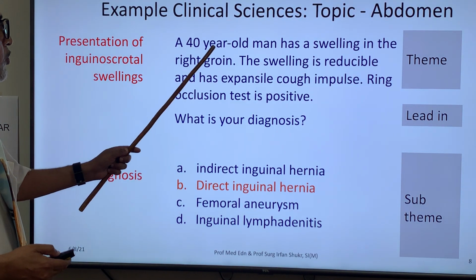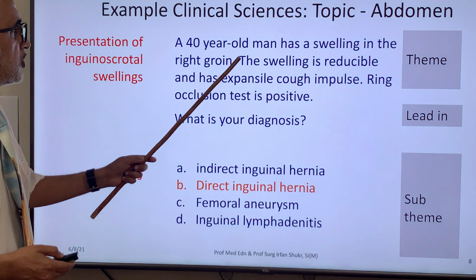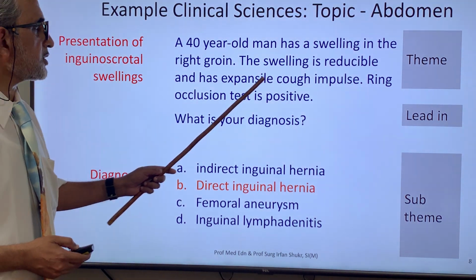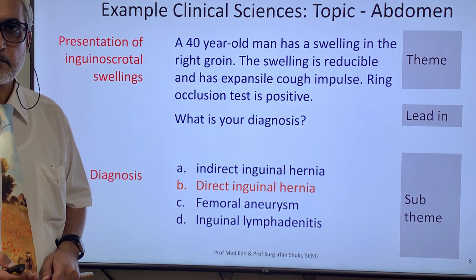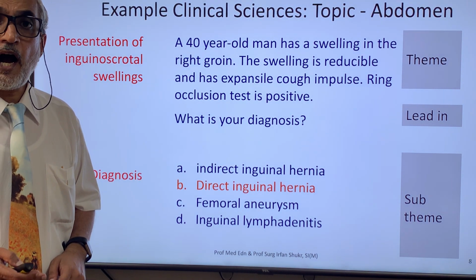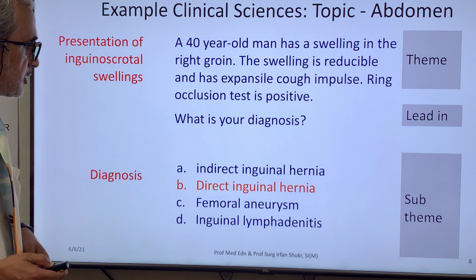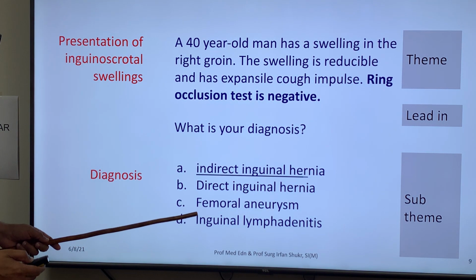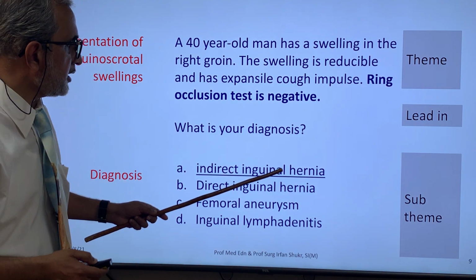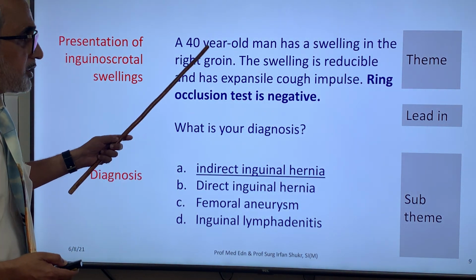Like, a 40-year-old man has a swelling in the right groin, the swelling is reducible, and has an expansile cough impulse, ring occlusion test is positive. After this, we can choose anything else. For example, now I choose indirect inguinal hernia. Now I should write a statement accordingly.